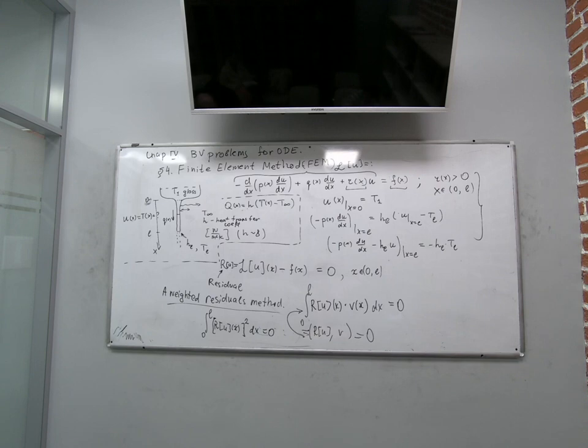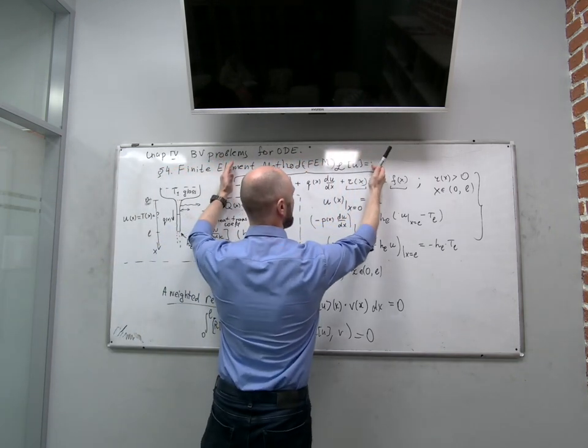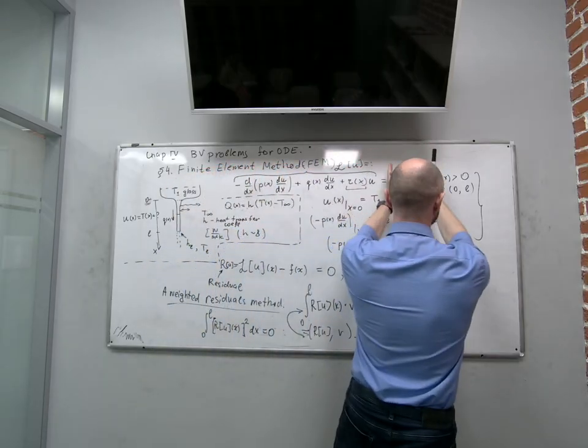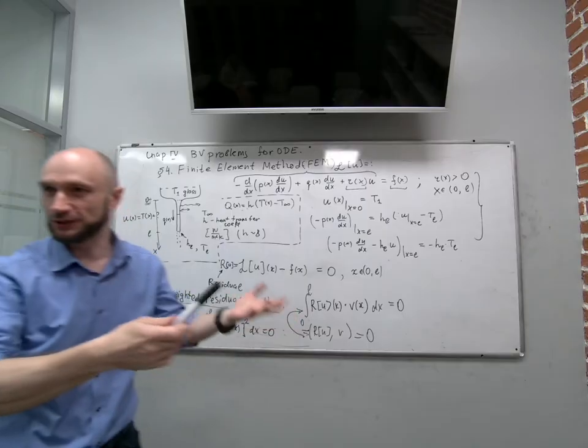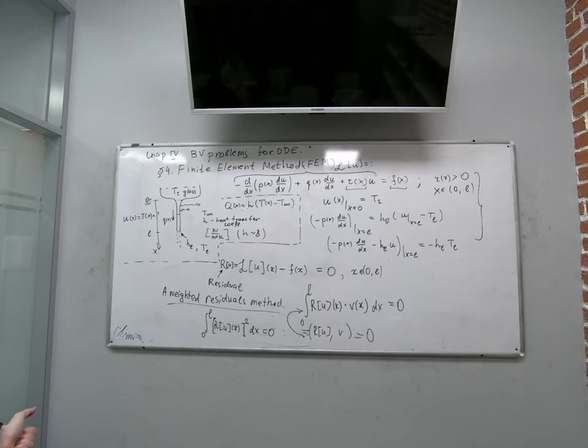Okay, let's continue then. So we just multiply the left-hand side with some function and integrate it, and multiply the right-hand side with some function and integrate it, and request that these two integrals are equal. You follow? Any questions at this point?